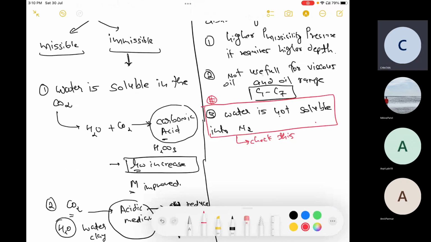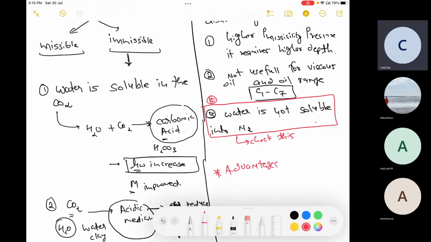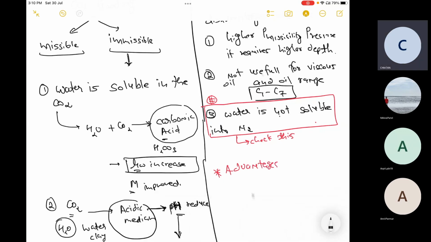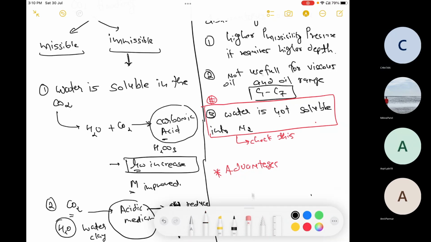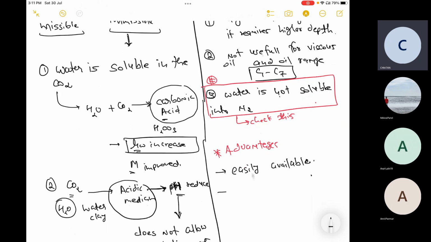And then what are the advantages? Only a single advantage with this N2 is that N2 is easily available, and the main advantage is it's highly compressible.